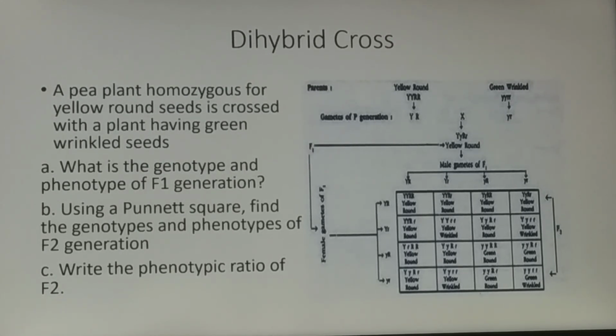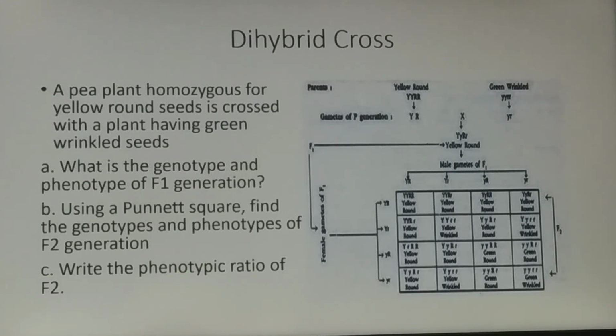So the gametes produced are capital Y capital R, capital Y small r, small y capital R, and small y small r. The same types of gametes are produced by the female parent also. Then draw the subsquares and write the genotypes and the phenotypes inside each subsquare.